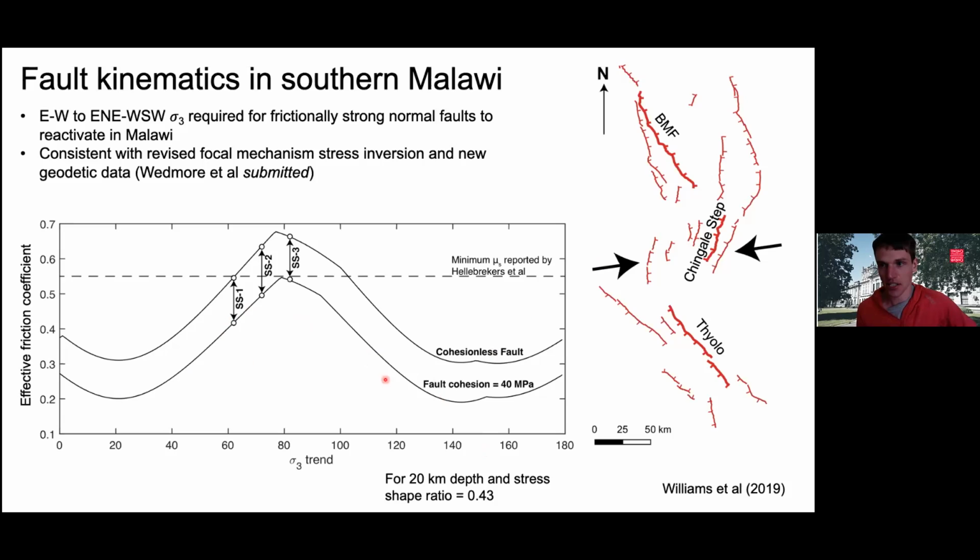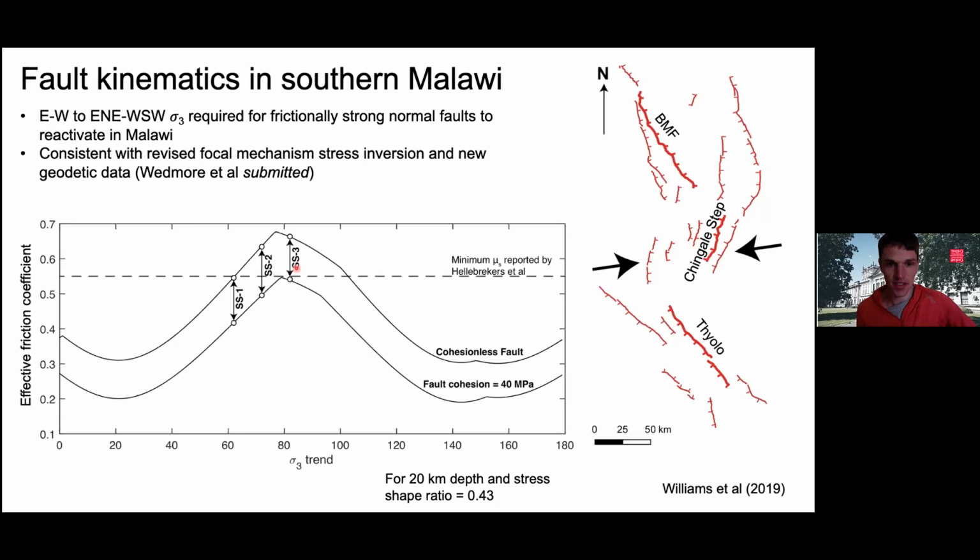Essentially what it shows is that if you have a northeast-southwest sigma 3 trend, or a southeast-northwest trend, then you need quite frictionally weak faults or high fluid pressures, neither of which are consistent with observations from the field of the fault zones in Malawi, or with experimental deformation experiments performed on samples from the rift.